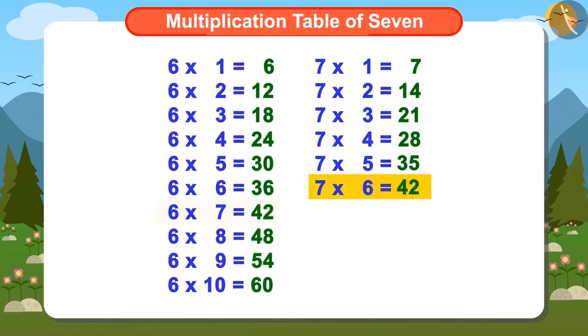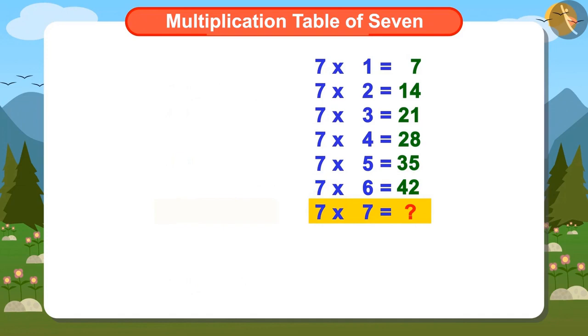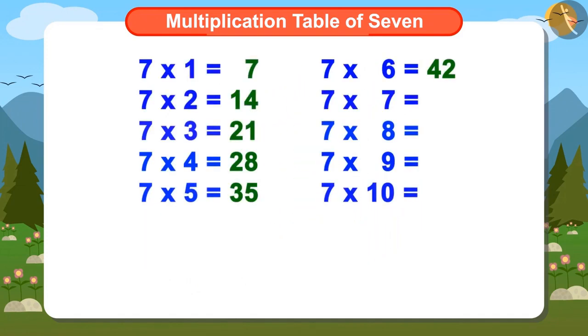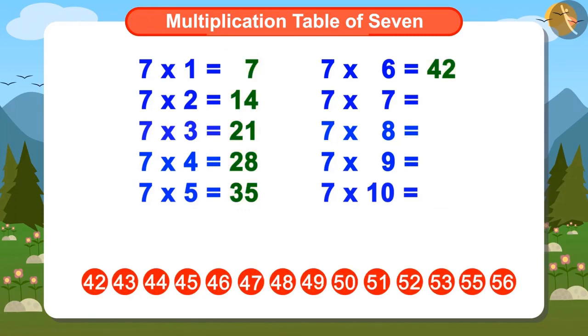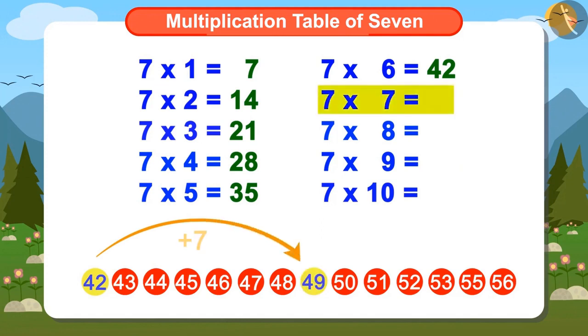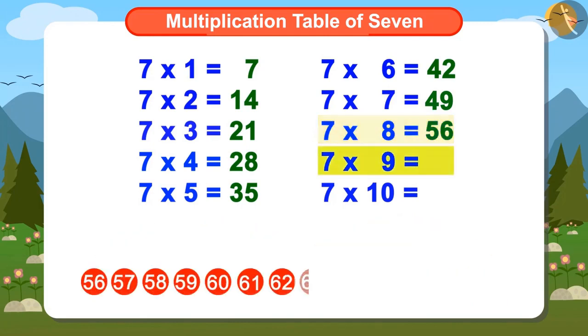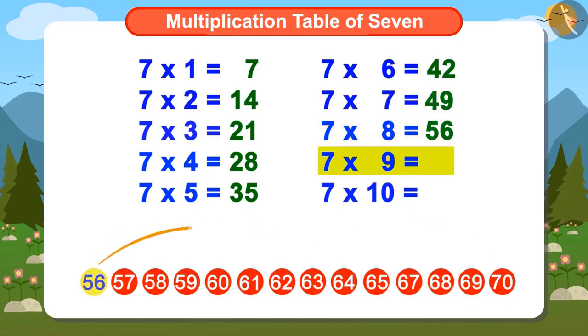Now let's find out 7 multiplied by 7. But we don't know the multiplication table of 7. No problem. We will find the complete multiplication table of 7 using the old method of number line, in which we see that the 7th number after 42 is 49. 7 multiplied by 8 will be the 7th number after 49, that is 56. 7 multiplied by 9 will be the 7th number after 56, that is 63.